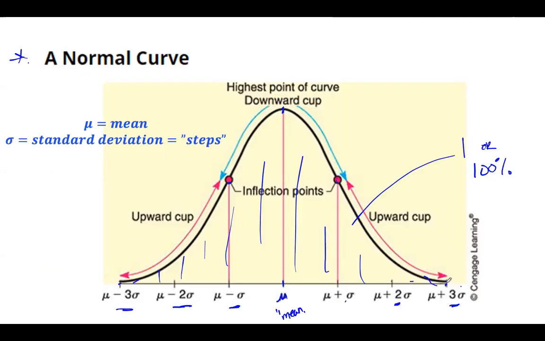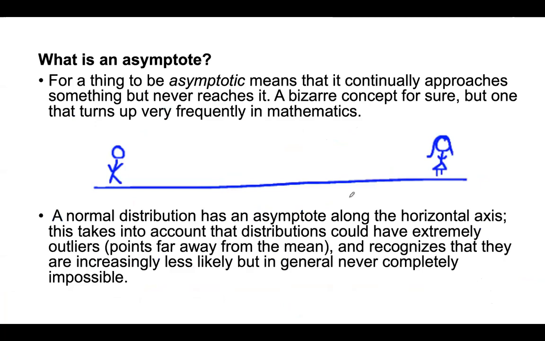As the axis extends, let's extend it. Sorry, this gets closer and closer and closer. I can't draw so well with this. But it gets very close to the x-axis, but it doesn't actually cross the x-axis.